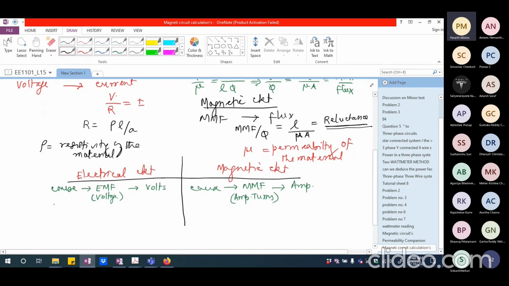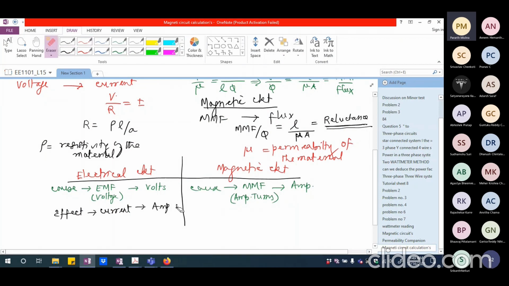The second thing is the effect. I'm sorry, I'm writing here effect is current in an electrical circuit. So the effect is going to be current, and the units are ampere.